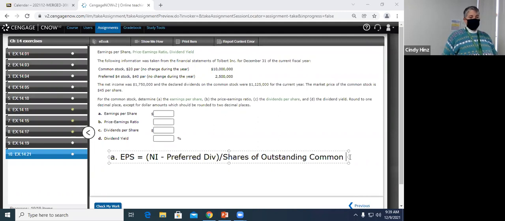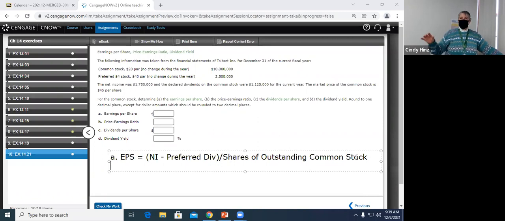So these earnings are really being shared, and by that I do not mean to imply that they're being paid out as dividends, but it's how much the company made for the common stockholders. So we're only dividing it among the common stock that's outstanding. Remember from chapter 12, we have authorized, issued, and outstanding. We're only going to be sharing these earnings among the outstanding shares.